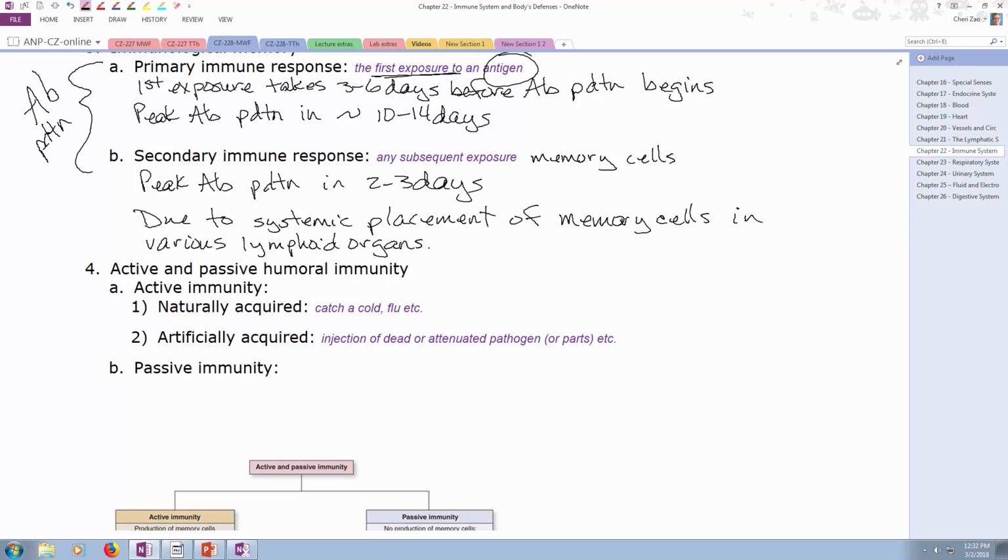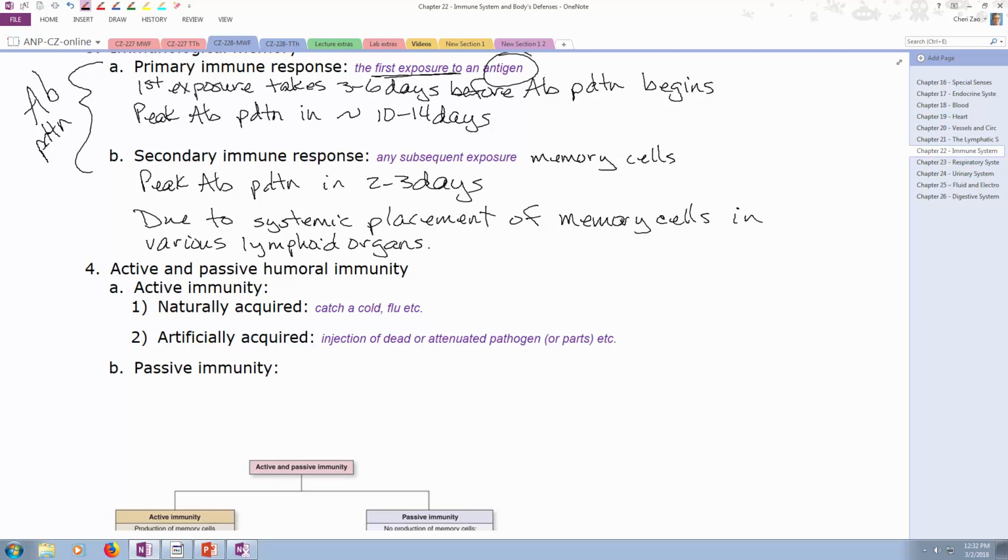And the memory cells that are helper cells and B lymphocytes will interact because they already have this encounter and are already idling by. And so co-stimulatory enzymes hit those memory cells, and in order for memory cells to really work, what do you know they're going to have to do? Clone.